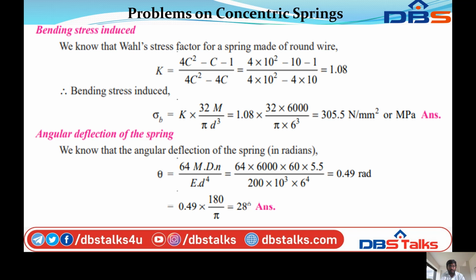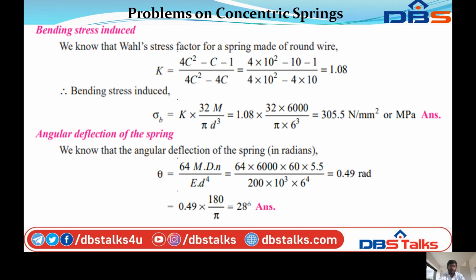Bending stresses induced. We know that Wahl stress factor for a spring made of round wire K is equal to (4C square minus C minus 1) by (4C square minus 4C), that is equal to (4 into 10 square minus 10 minus 1) by (4 into 10 square minus 4 into 10), that is 1.08.